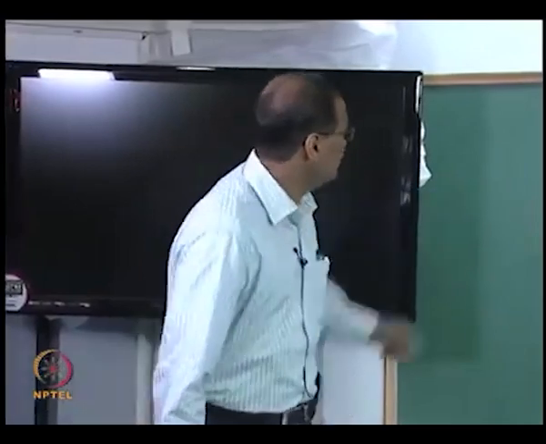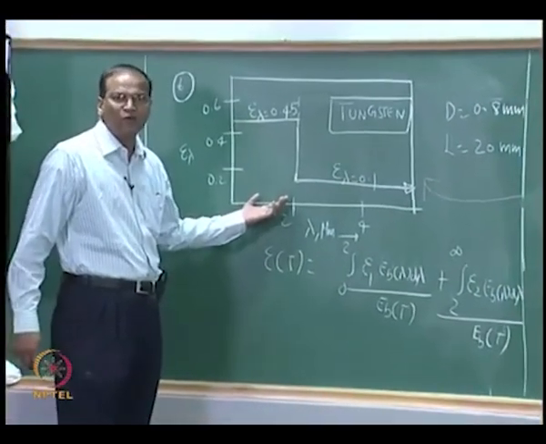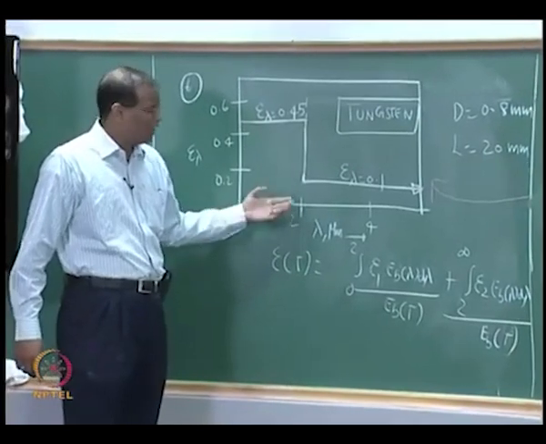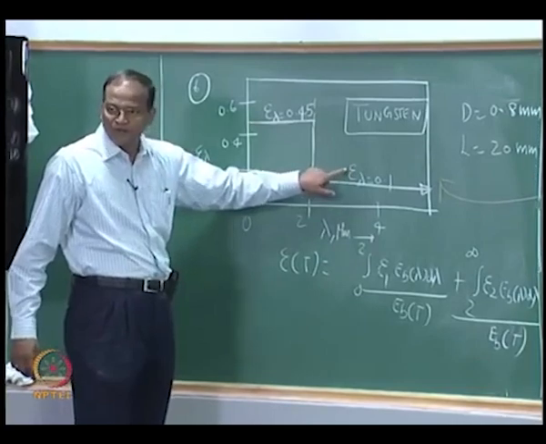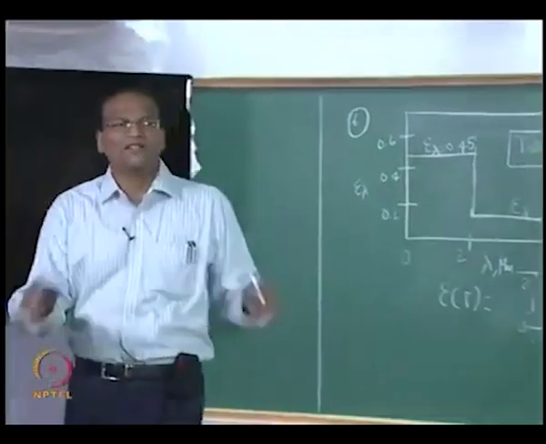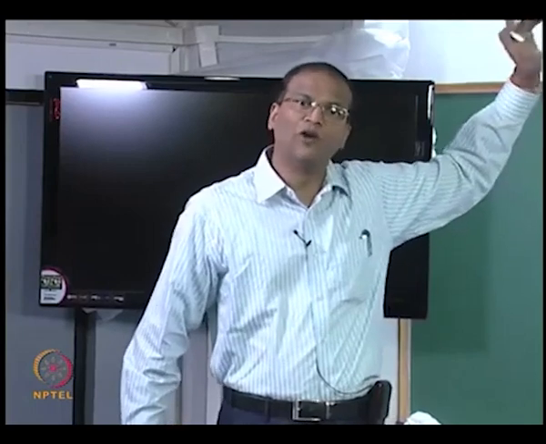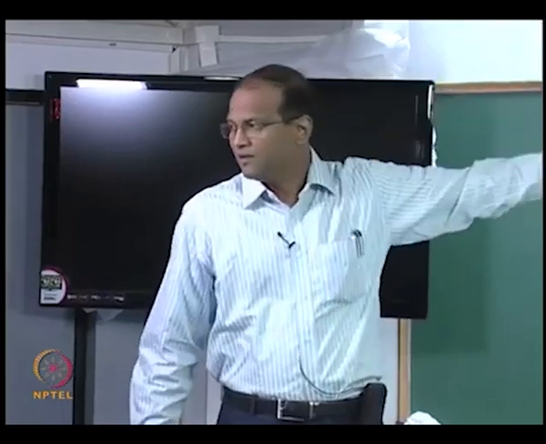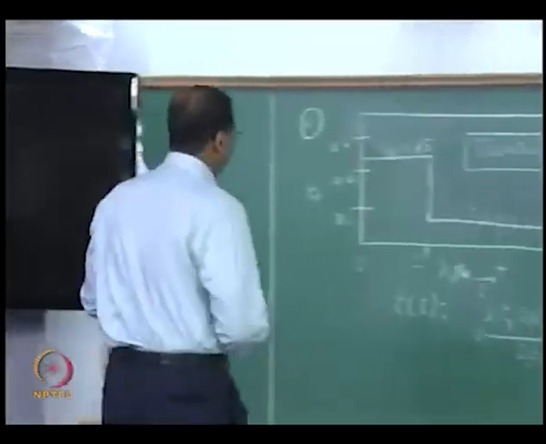But sometimes, because 0 to 2 micrometer is such a small portion of the total electromagnetic spectrum, and for the remainder of the spectrum it is only 0.1, you can actually calculate that for various temperatures, after a certain range of temperature, epsilon will become more or less equal to 0.1. Because from 2 micrometer to infinity, it is 0.1. Are you getting the point? Fine.